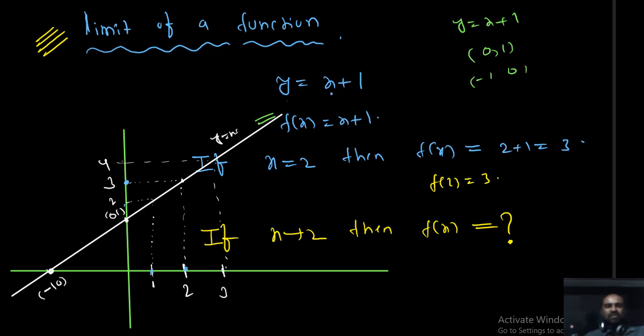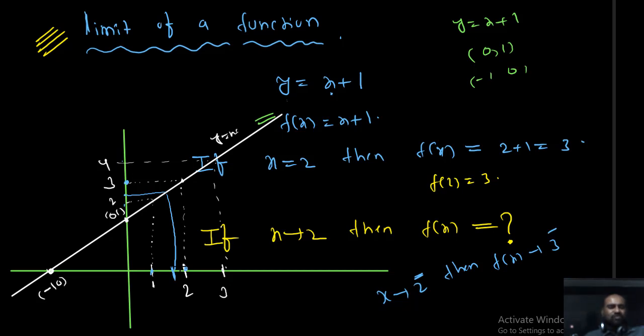That is okay. But x is tending to 2, then what happens to y? What is the meaning of that? X is initially here. So what happens if x is here? The corresponding y value is nearer to 3, or I can say 3 minus. X is tending to 2 minus, then through this graph, I can say f of x is tending to 3 minus.